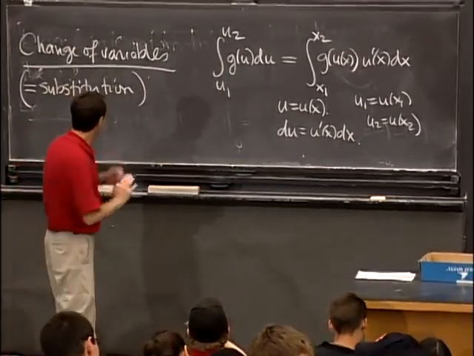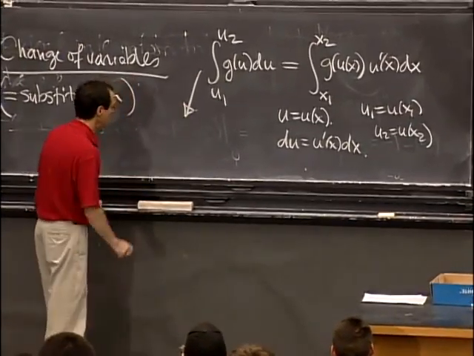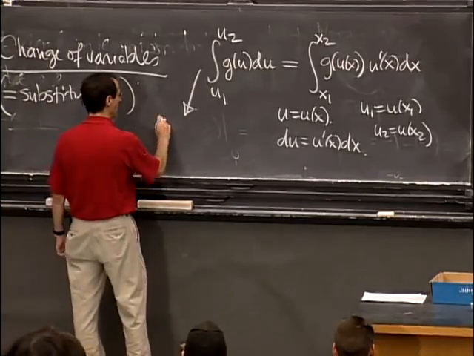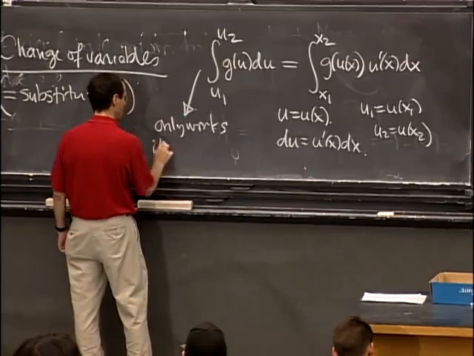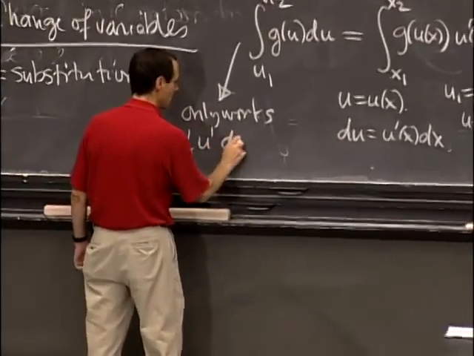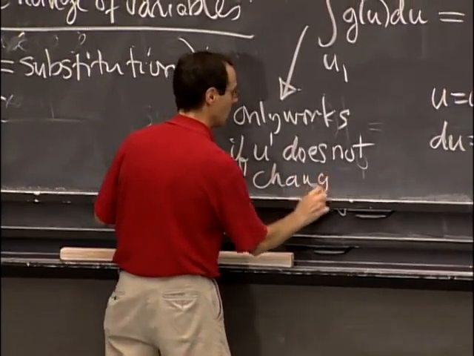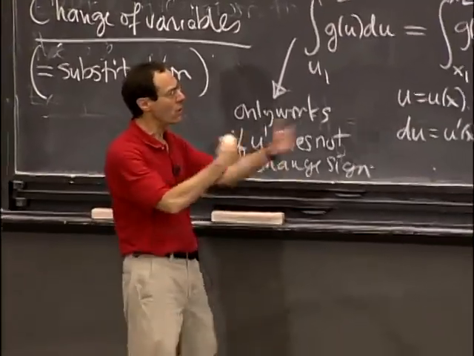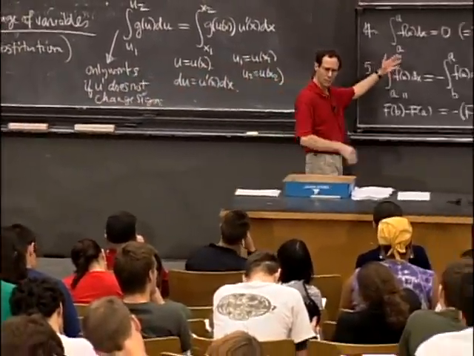Now, there's only one danger here, and there's one subtlety, which is this only works if u prime does not change sign. I've been worrying a little bit about going backwards and forwards, and I allowed myself to reverse and do all kinds of stuff with these integrals.